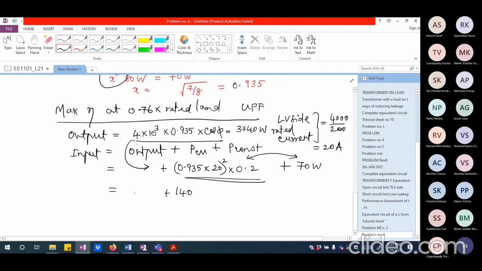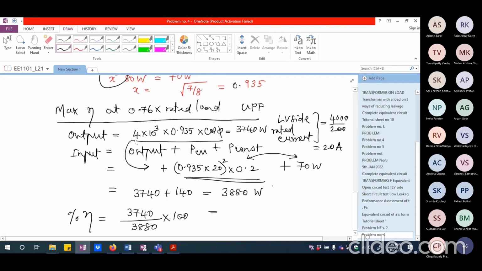So 3740 plus 140 is the total wattage corresponding to the input, so this will be 3880. If I try to calculate the efficiency, it is going to be 3740 divided by 3880 multiplied by 100. That is the percentage efficiency.